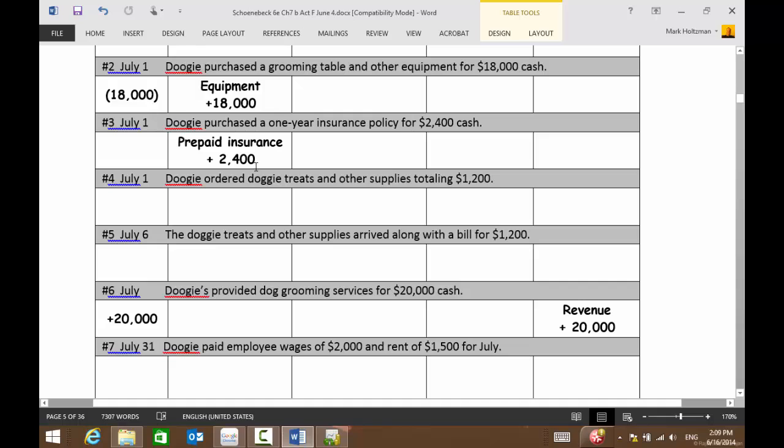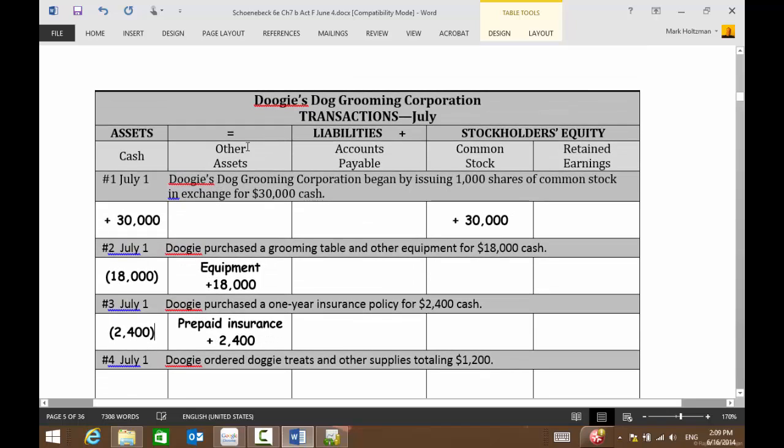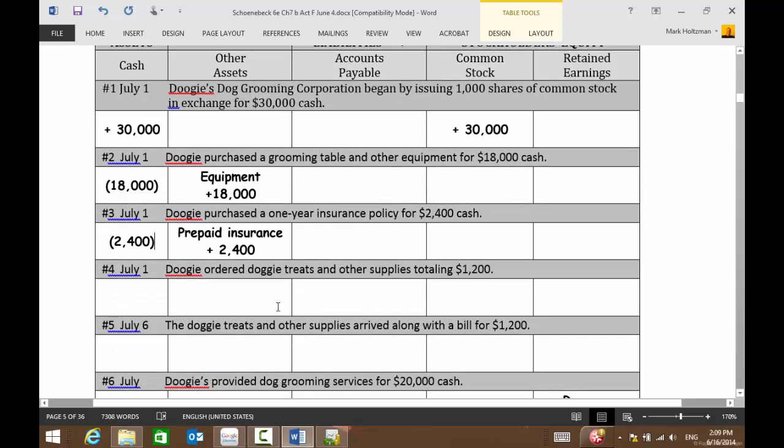What other account is affected here? Cash. Cash is going up or down? Cash is being paid for $2,400. And again, you can see this equality of assets in the first two columns is still always equal to liabilities plus stockholders' equity. You're increasing one asset and decreasing the other asset.